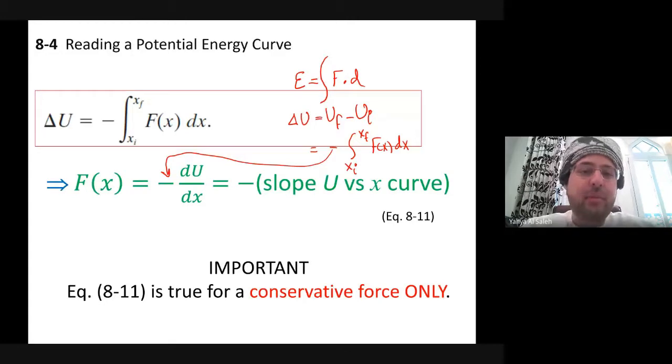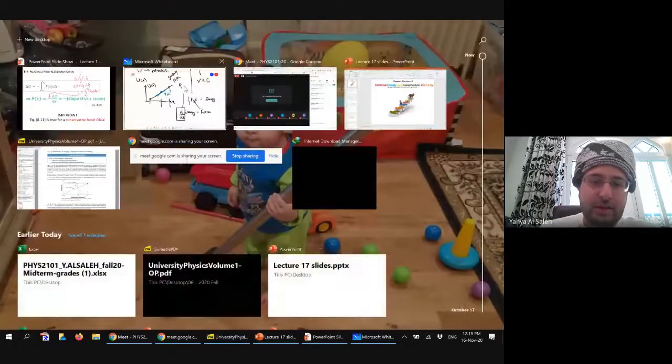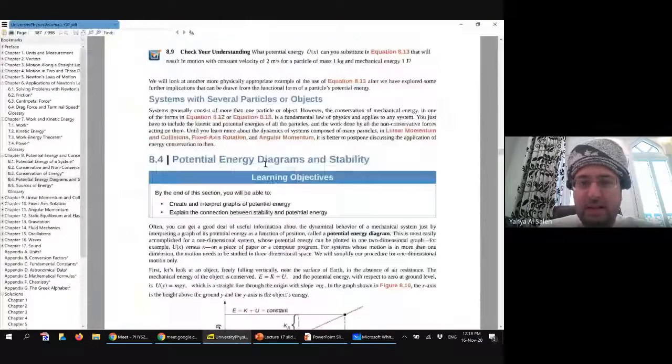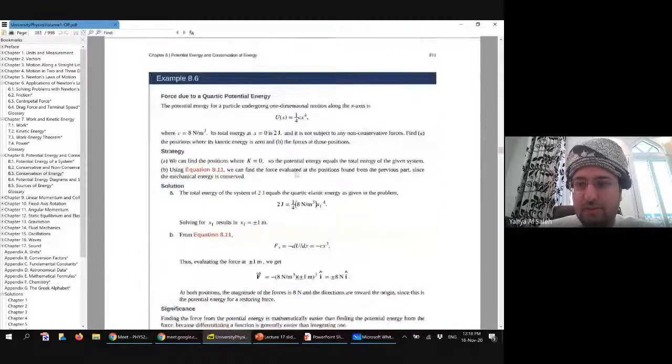Now, the very important point is that this equation 8-11 in your book, f of x equals minus dU by dx, is only valid for a conservative force. Why is that? Can anyone tell me why? I'll go back to 8.11 in your book.